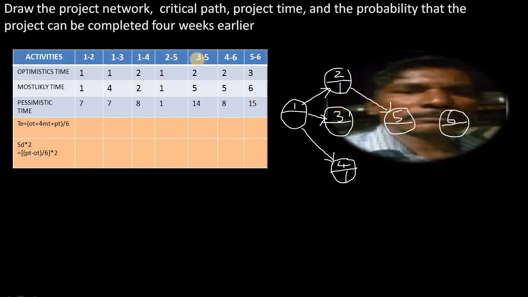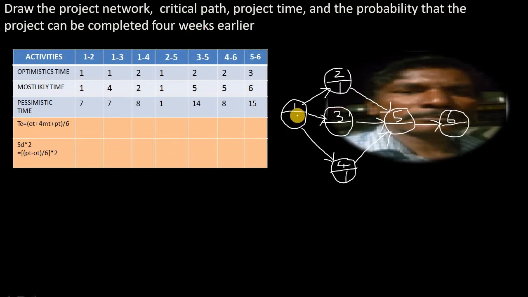Then 3 is connected to 5. This activity connects the fourth event and the sixth event, and this one connects the fourth event and the fifth event. And the last one, the fifth, is connected to the sixth event. So now we have the network for the given problem.